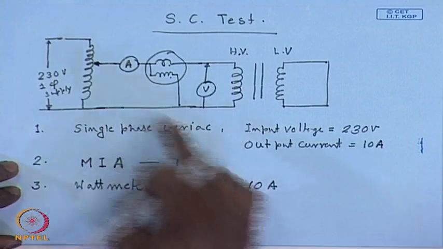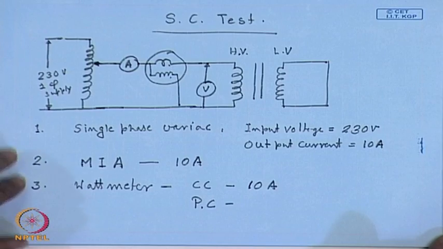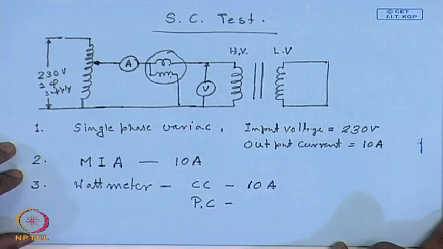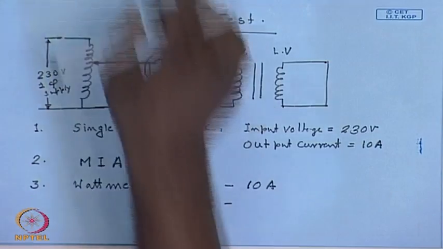Therefore, for the high voltage side, the rated voltage is 400 volts, and at best 10% of it will be required. So, the applied voltage in no case will possibly exceed 50 volts.